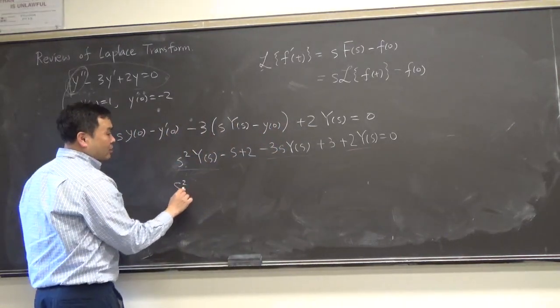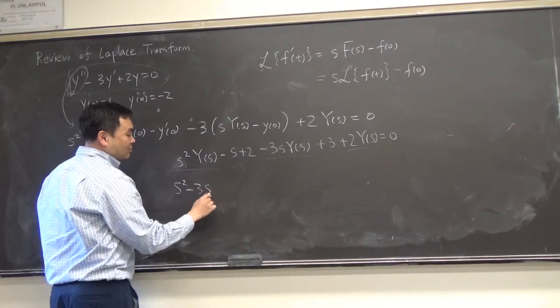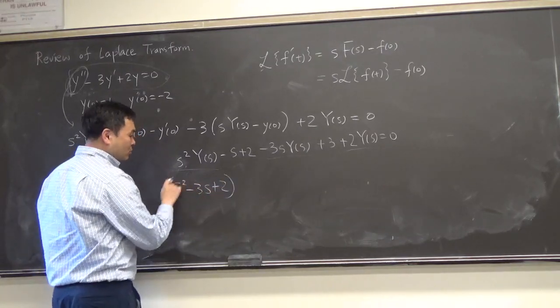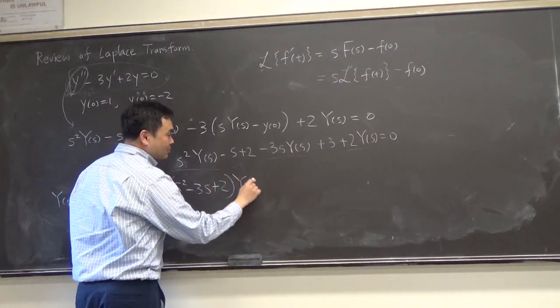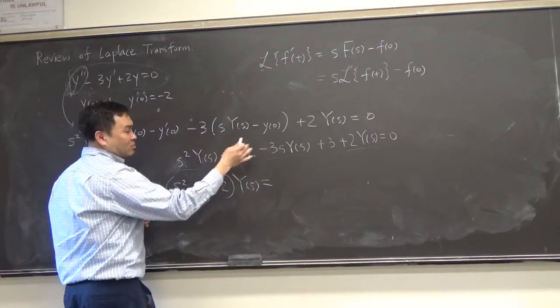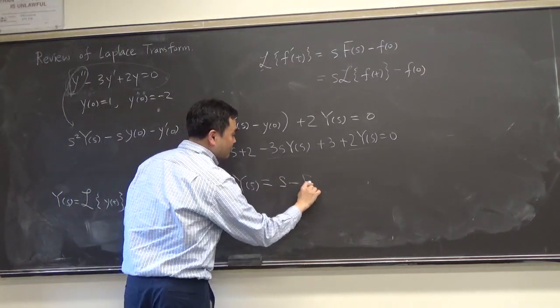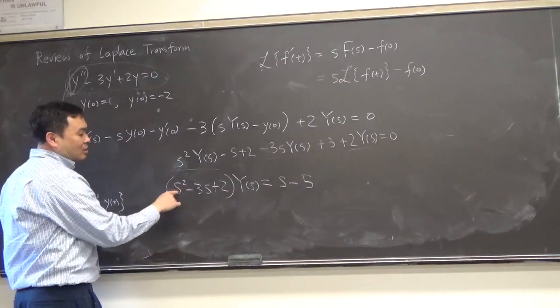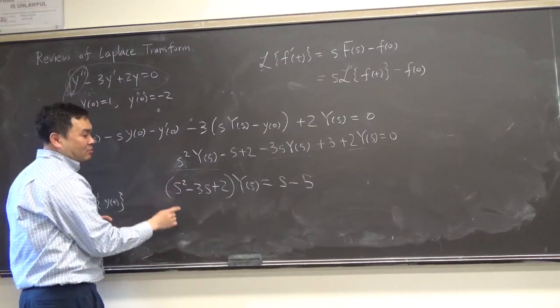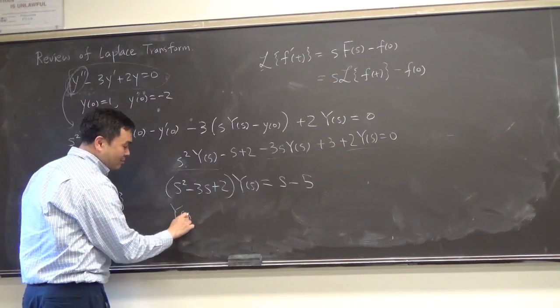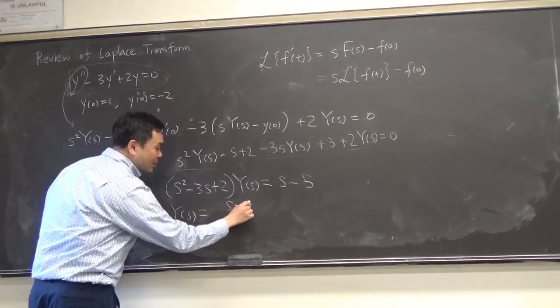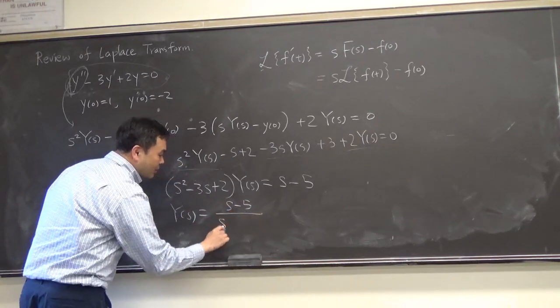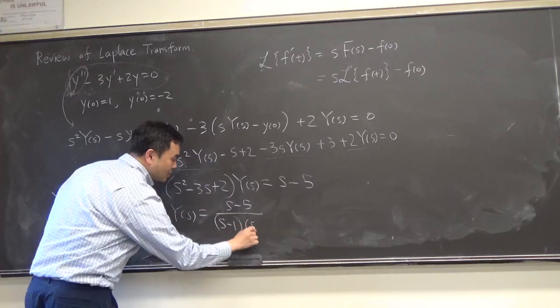That's s squared minus 3s plus 2 times capital Y of s. And if you move this other one to the other side, you get s minus 5. This can be factored as s minus 2 times s minus 1. So you get Y of s equals s minus 5 over (s minus 1)(s minus 2).